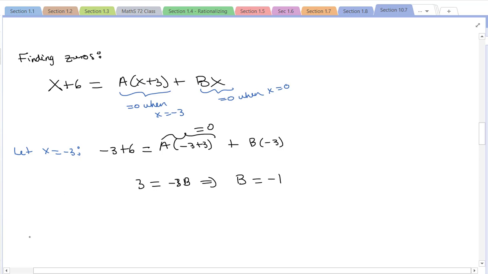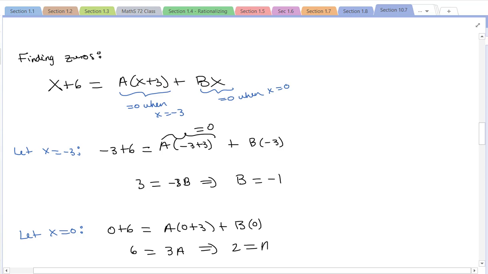Now let x be 0. When x is 0, again, plug it into the whole thing. So 0 plus 6 equals a times 0 plus 3 plus b times 0, and I get 6 is equal to 3a. Divide both sides by 3, and we get 2 is equal to a.